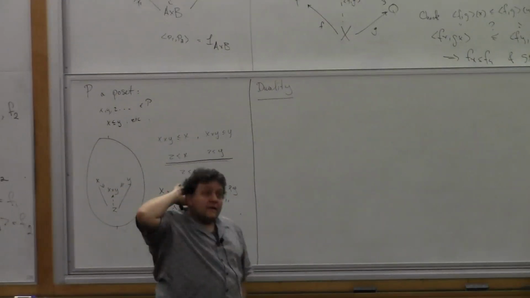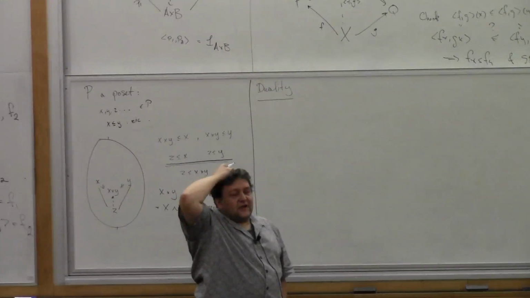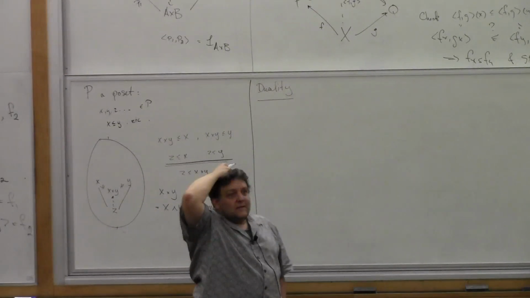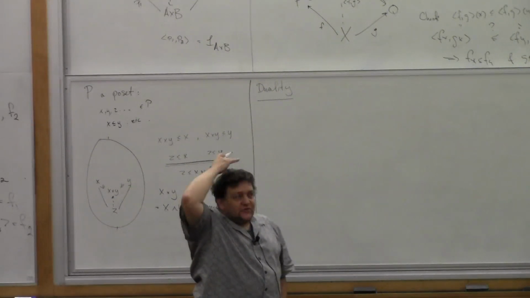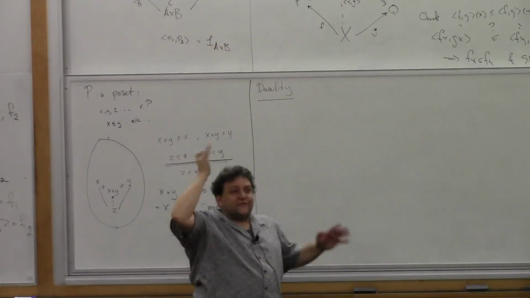The product is only defined if meets actually exist. Well, that's always the case. In any category, the product is a specification or definition, but it doesn't have to exist. So this construction does not work for each poset. In general, the definition of a product does not work for each category.